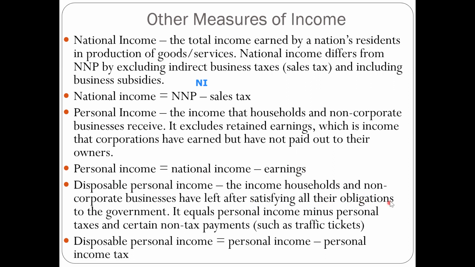What kind of obligations? It's the taxes. So if we want to calculate the disposable personal income, we take the personal income minus personal income taxes. Personal income taxes are like the tax payments of the residents.